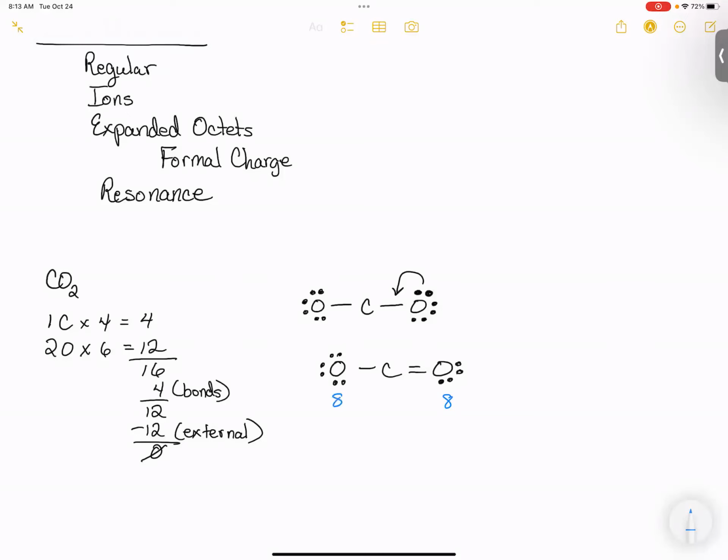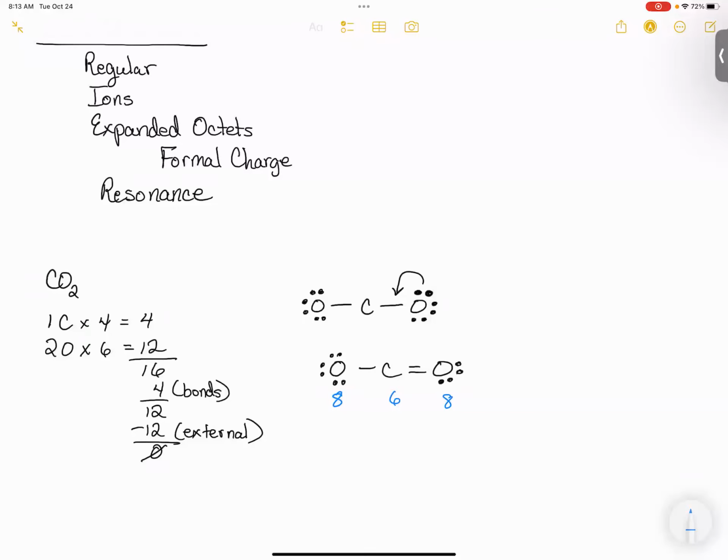Your oxygen on the left has an octet because it has 6 in the non-bonding pairs and 2 in the bonding pairs. But your carbon currently only has 6. It has 4 within the double bond and it has 2 within the single bond. Because not everybody has an octet, we've got to manipulate the structure still.